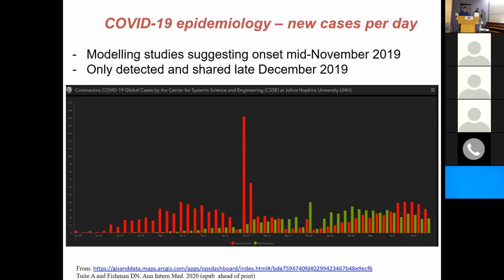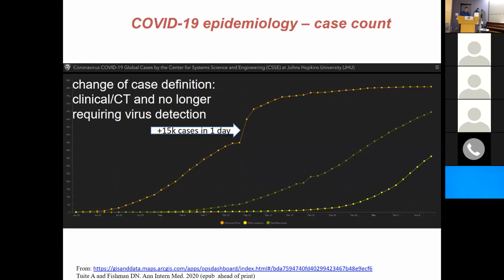But what you now see again, here at the end of the curve, an increase in number of cases, and these are mostly international cases, so not Chinese cases. And of course, that's just a different way to plot it, the orange line here showing you the cases in mainland China, and there was that 1 day where they added 15,000 cases.